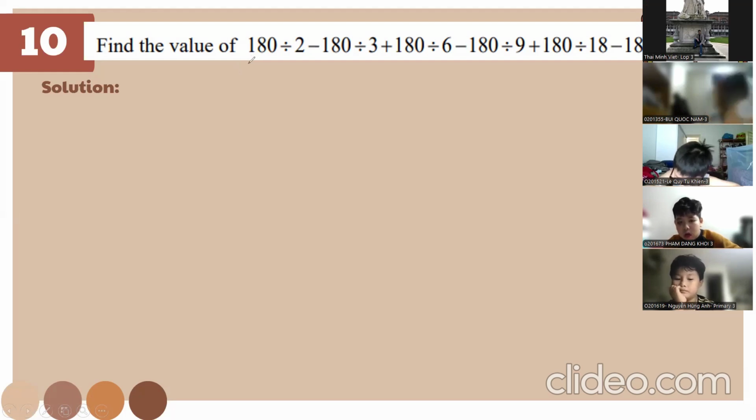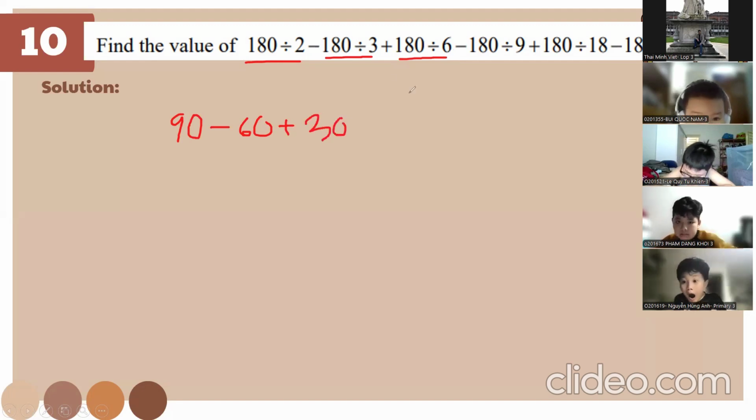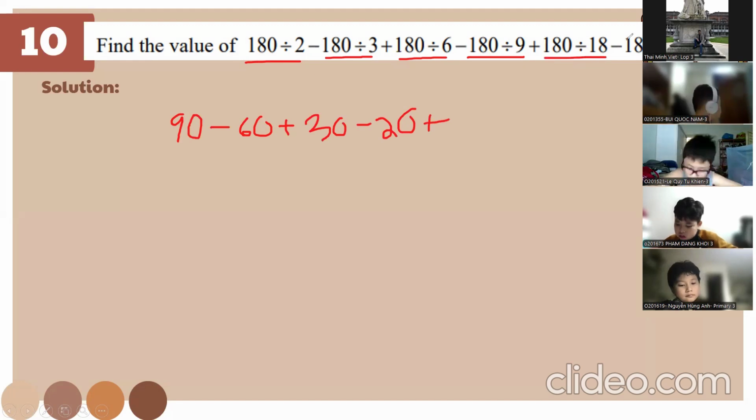Okay. So, 180 divided by 2, how much is that, class? 90. What is 180 divided by 3? 60. Plus, what is 180 divided by 6, class? 30. Okay, very good. We have minus here. What is 180 divided by 9? 20. Then 180 divided by 18 is? 10.